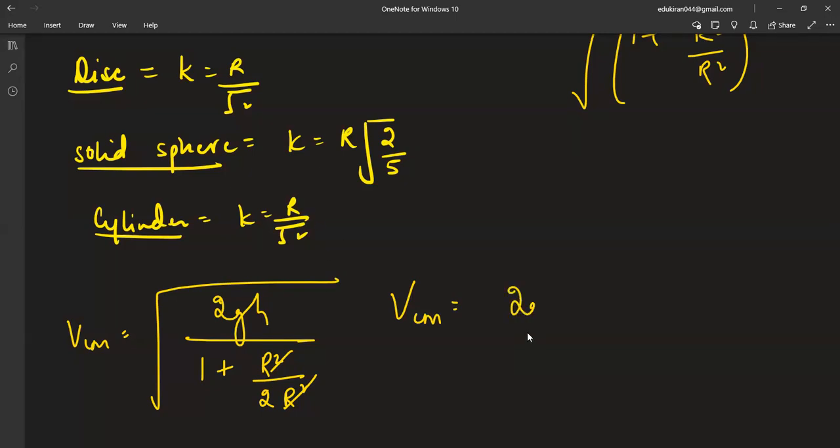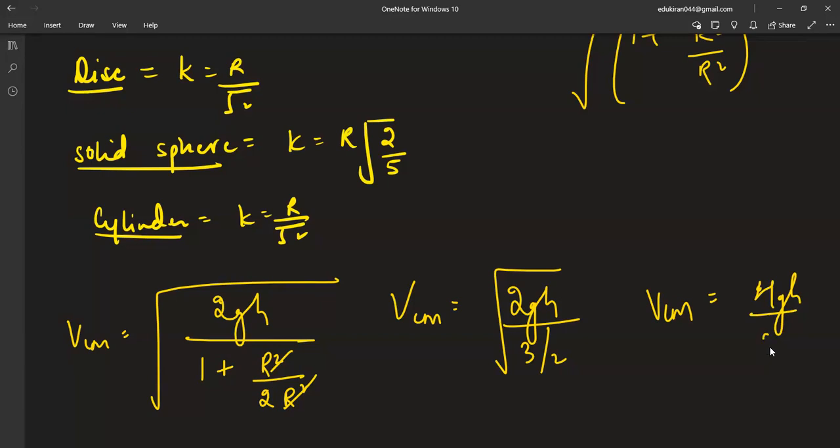This becomes 2gh, and 1 plus half is 3 by 2. So the velocity of center of mass for disk and cylinder, you can notice, is the same: the square root of 4gh divided by 3. Now you will put k square as 2r square by 5, just a second.